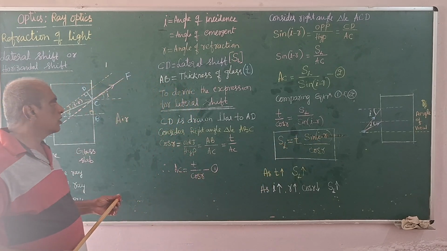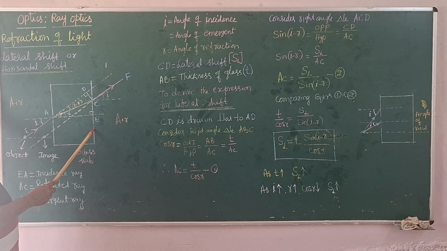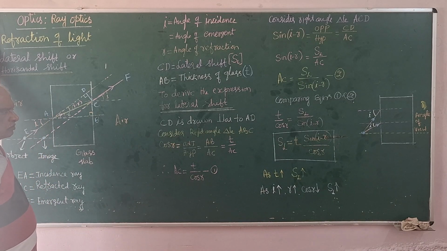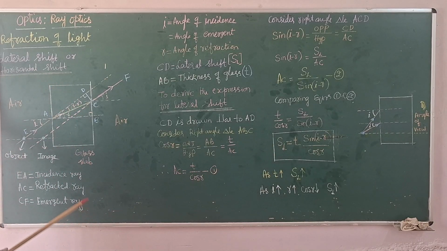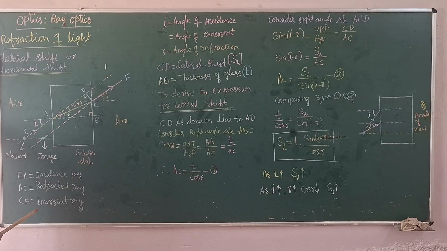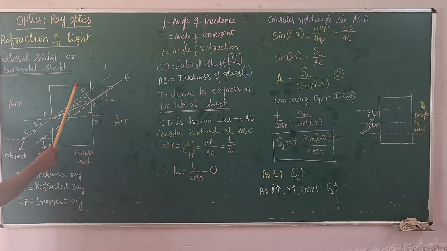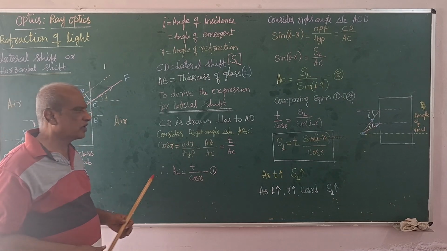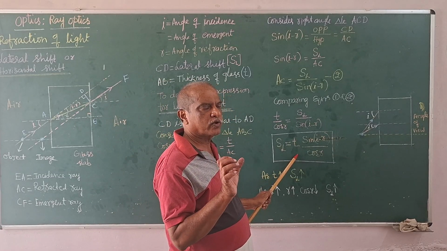The magnitude or length of this line depends on the thickness of the glass as well as the angle of incidence, in direct proportion. This is the equation for one particular value of refractive index, that is, the refractive index of the glass. It also depends on the refractive index of the glass, but the equation you have derived is only for one particular refractive index.